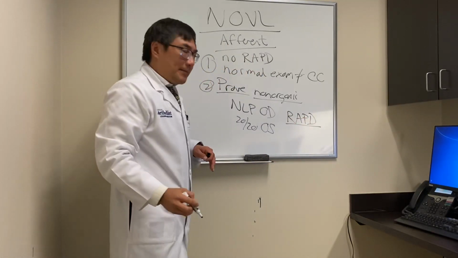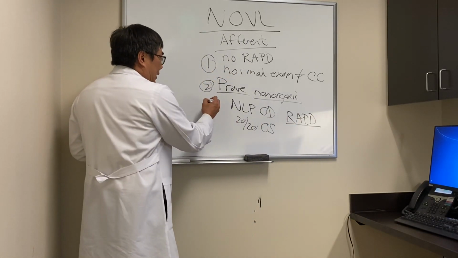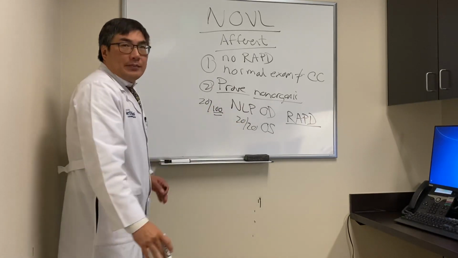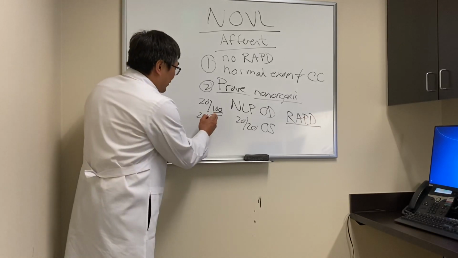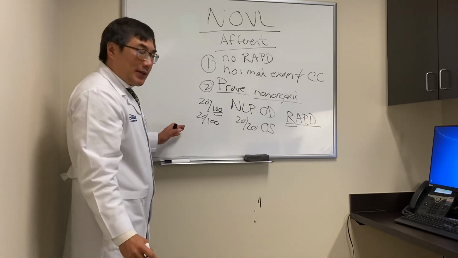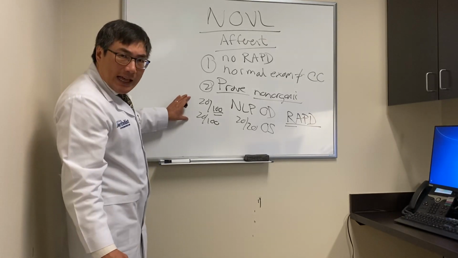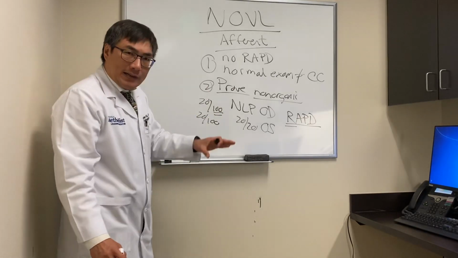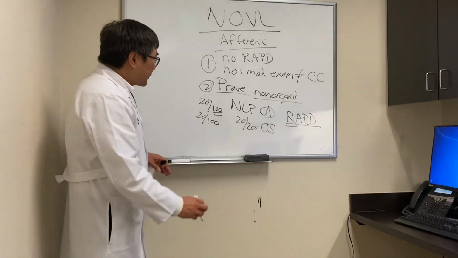However, once you start getting to levels of vision that are like 20/100, there might not be an RAPD. Or if it's bilateral, both eyes are 20/100, then there's no relative difference, so you might not have an RAPD there. Or if the acuity loss is from the macula and not in the afferent pupillary pathway, like a macular hole or macular edema, or they have a cone dystrophy, they might not have an RAPD.